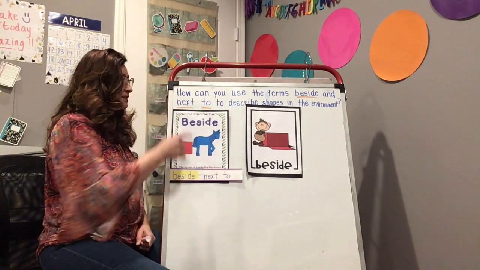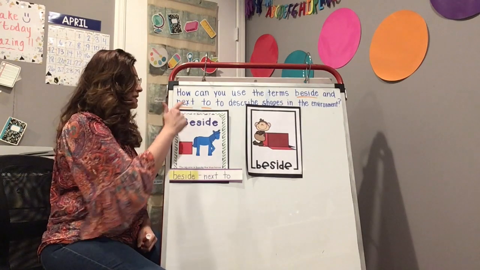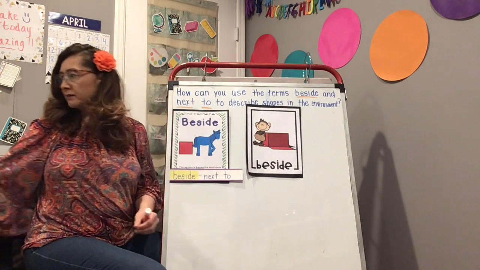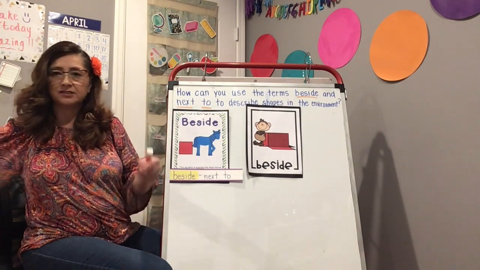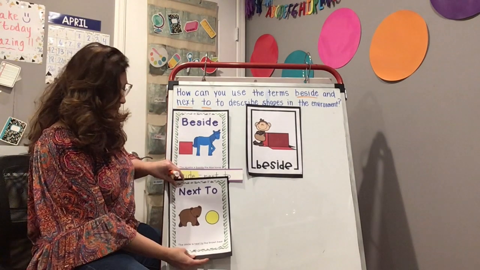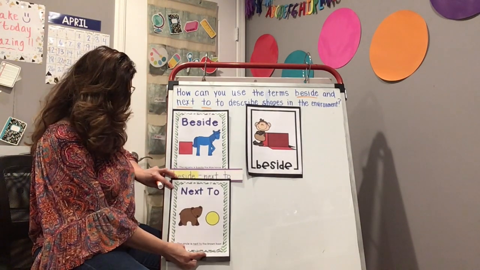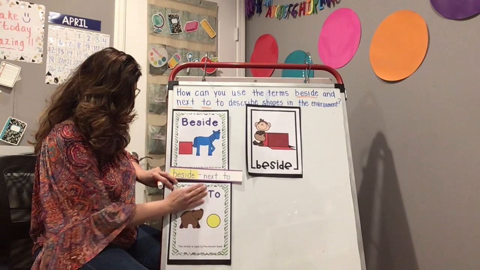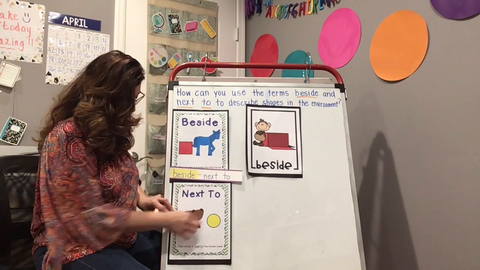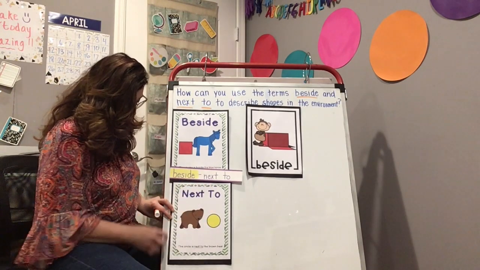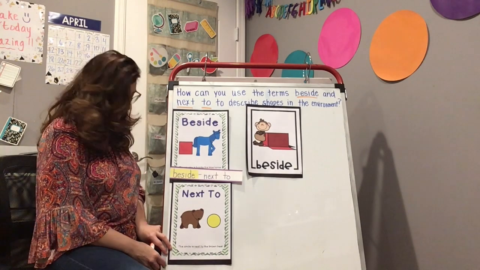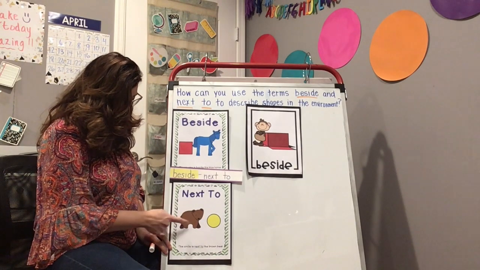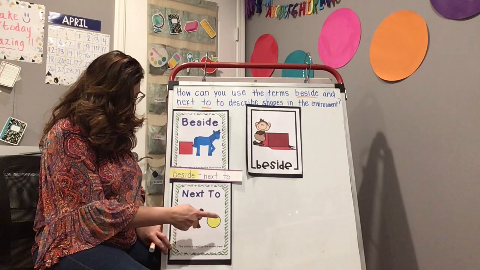All right, boys and girls, let's take a look at our next phrase, next to. And I'm going to show you a picture for next to. Okay, here it is. Next to. If we take a look at the picture, we can say that the circle is next to the brown bear.